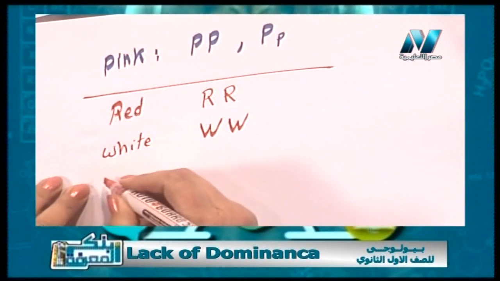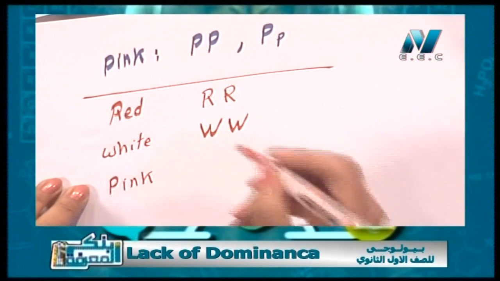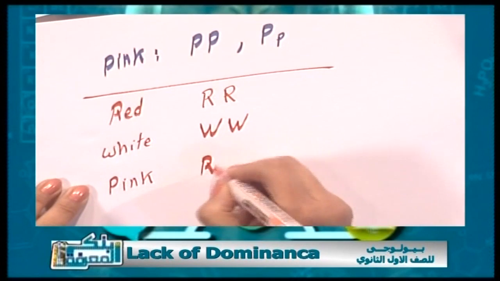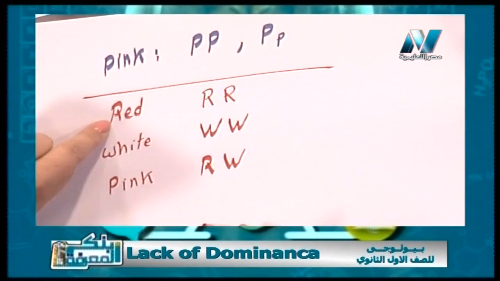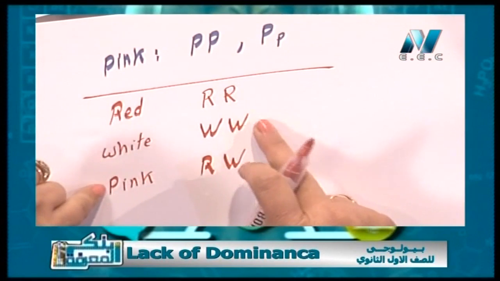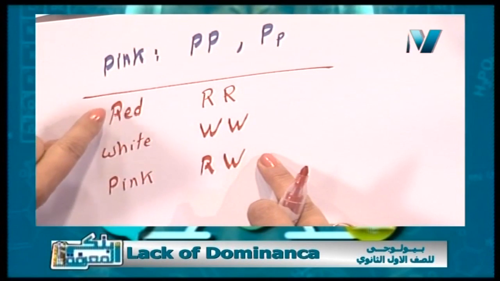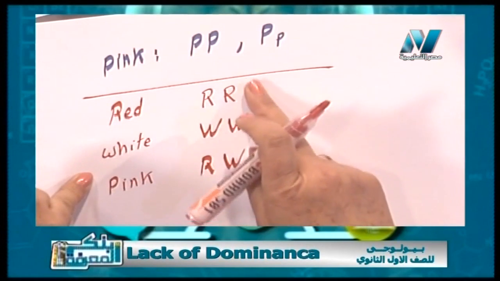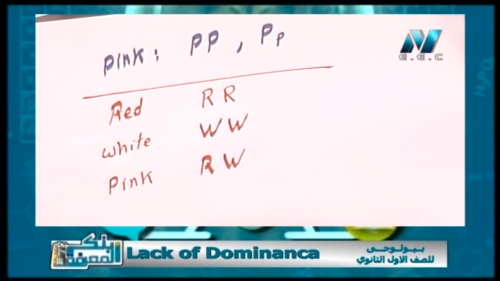When we see the flower is pink, we cannot say it is anything other than RW. So the red must be RR, the white must be WW, and the pink must be RW. So each of these phenotypes can indicate its genotype. Okay.